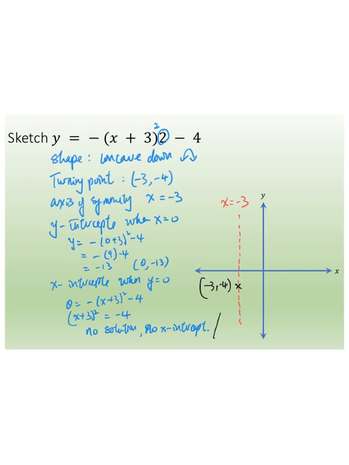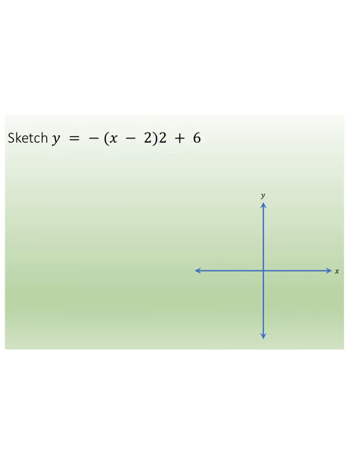And if I could sketch this, and this would be the y-intercept (0, minus 13), and this is y equals minus (x plus 3) all squared minus 4. Again, excuse my typing error, this is all squared here.